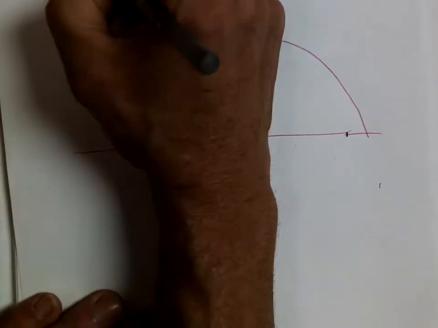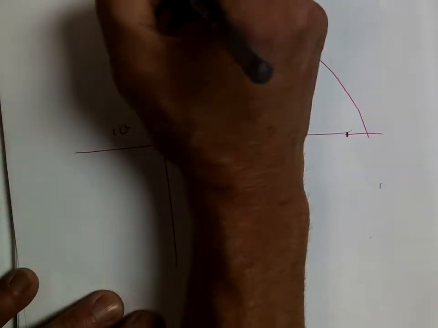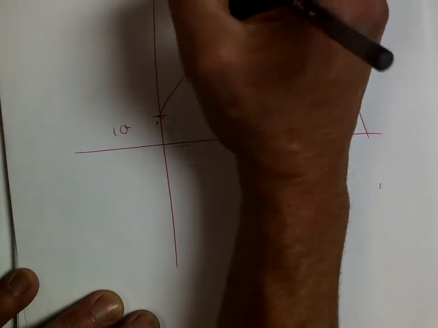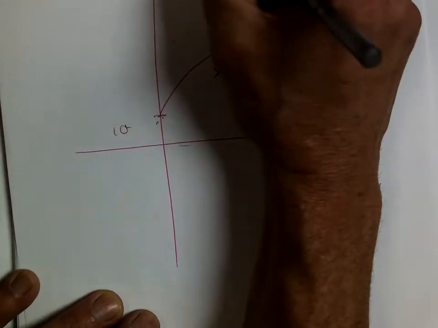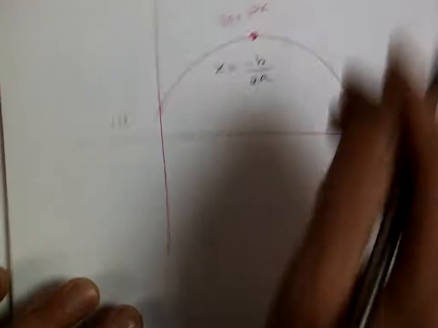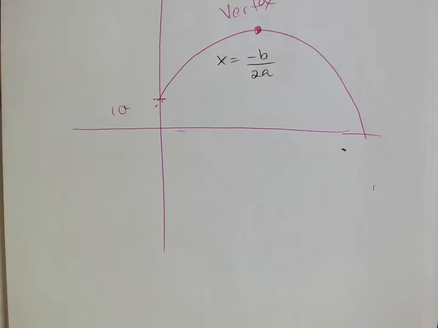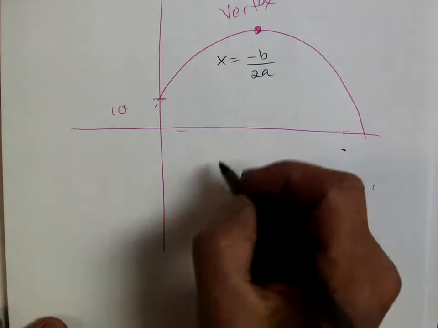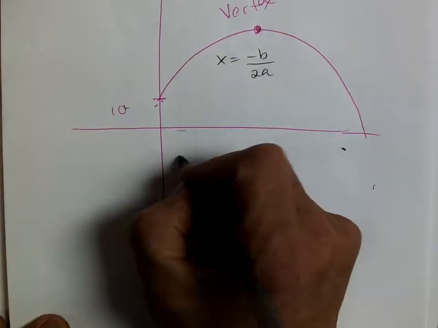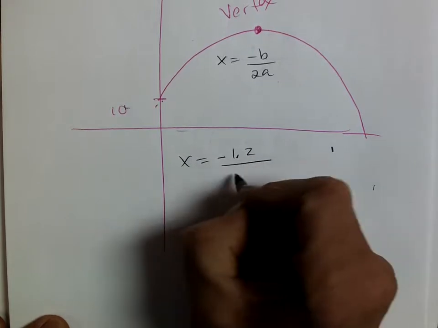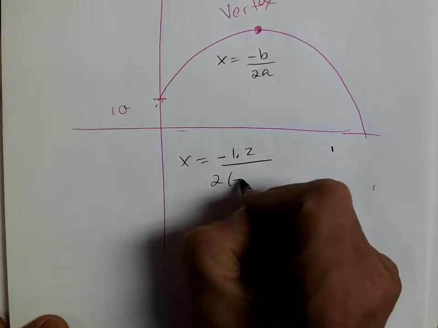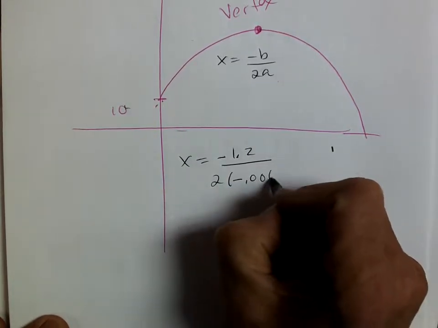Our equation was y equals negative 0.006x squared plus 1.2x plus 10. I'm going to grab a calculator, and plug in x equals negative 1.2 over 2 times negative 0.006.